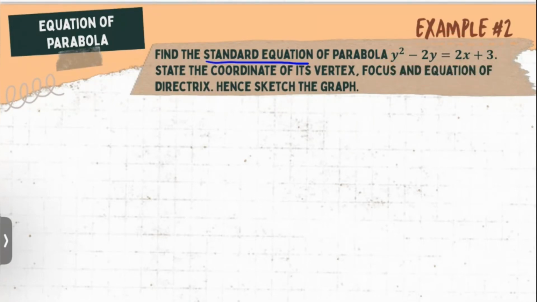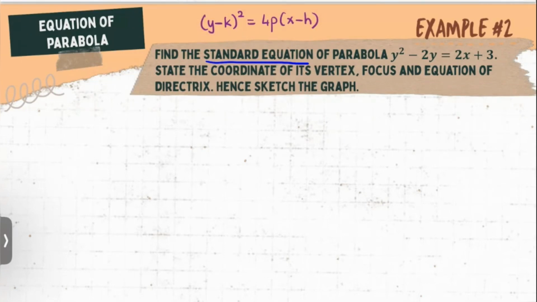So kat sini saya nampak y squared. So our standard equation will be y minus k squared equals to 4p x minus h. So this should be our standard equations lah.